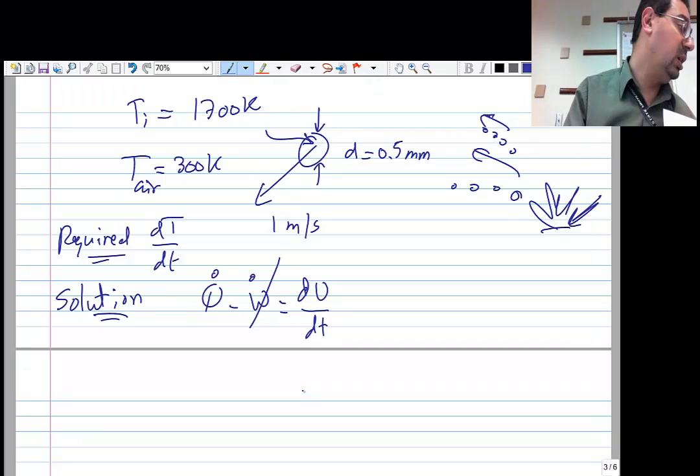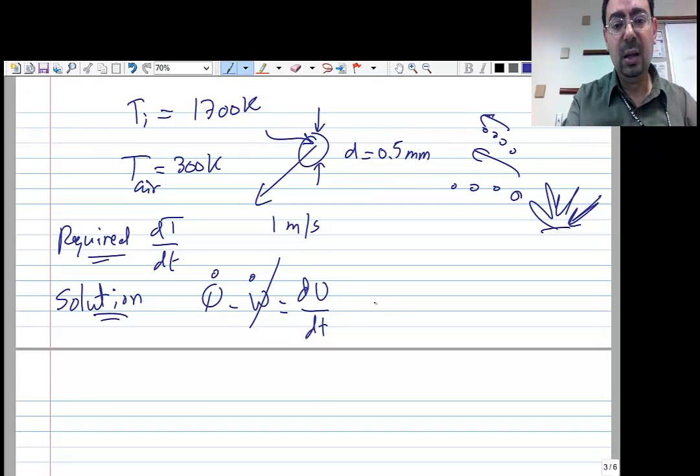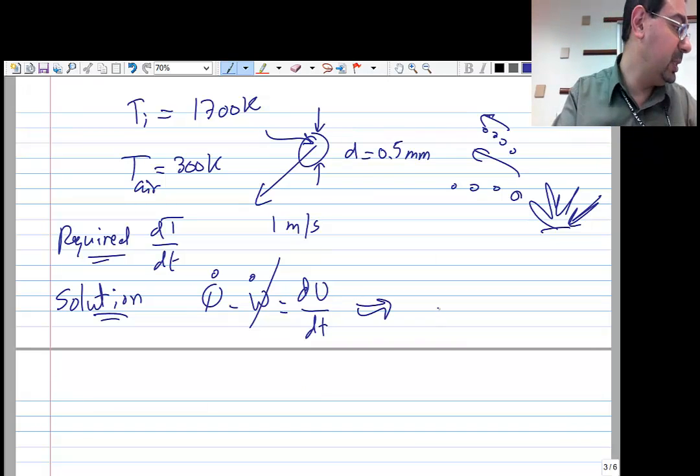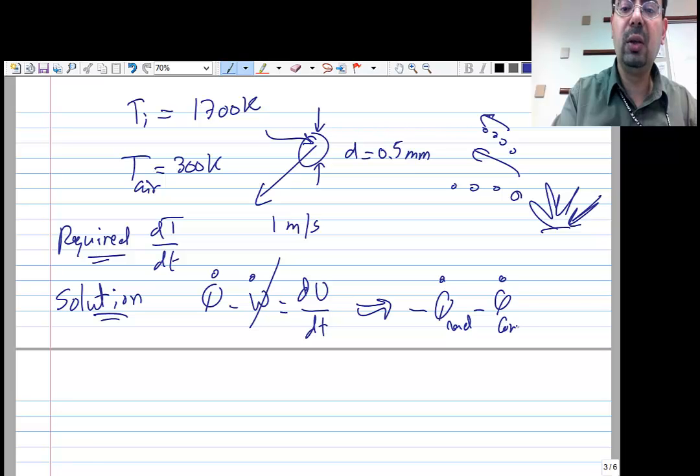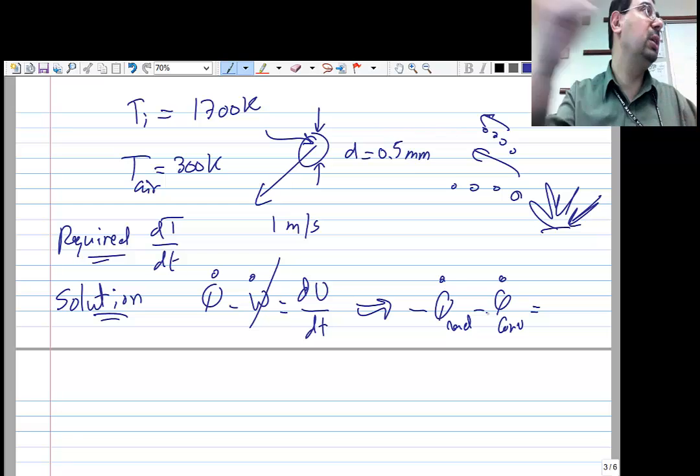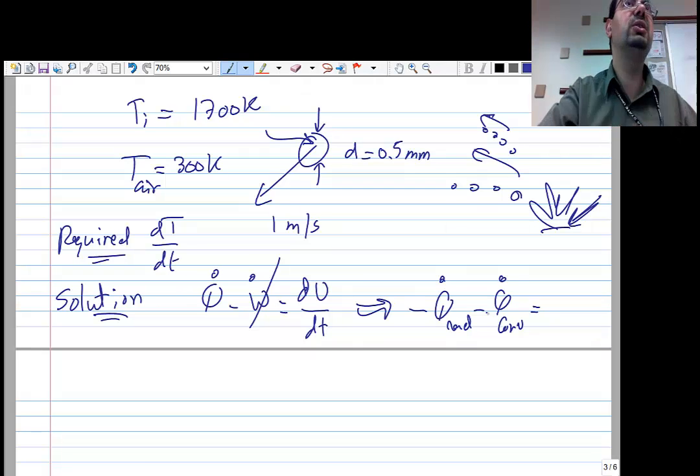Okay, so this will translate into, because it's cooling, the Q will be minus. So minus Q dot radiation, minus Q dot convection, and in this Q convection I will put a plus number, but I'm saying it's minus because it's leaving my system.